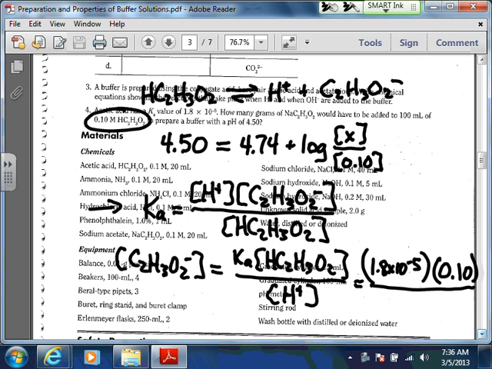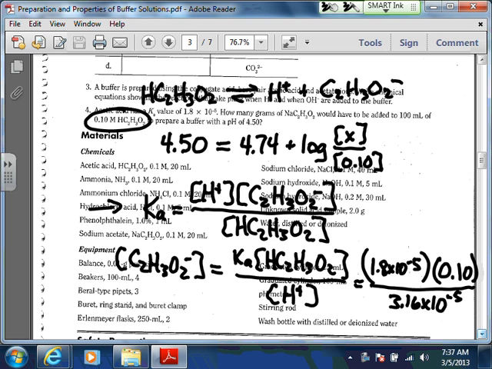I think with that Ka, that's a safe assumption. And then we're going to divide that by the H plus concentration in the solution, which we're going to use the 4.50 pH to figure out, which is going to be 3.16 times 10 to the negative fifth.